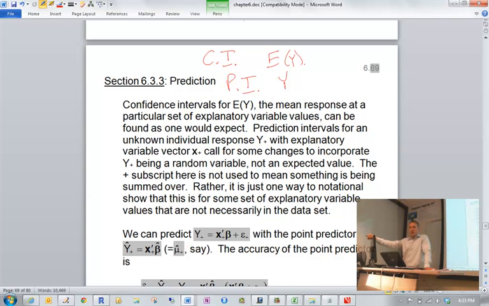Now, what will we do for a prediction interval for y, though? Well, the nice thing about the expected value of y is that it's a fixed constant. y is not. It's a random variable. And it has an additional source of variability that you have to worry about, which is going to make finding these intervals a little bit more difficult.